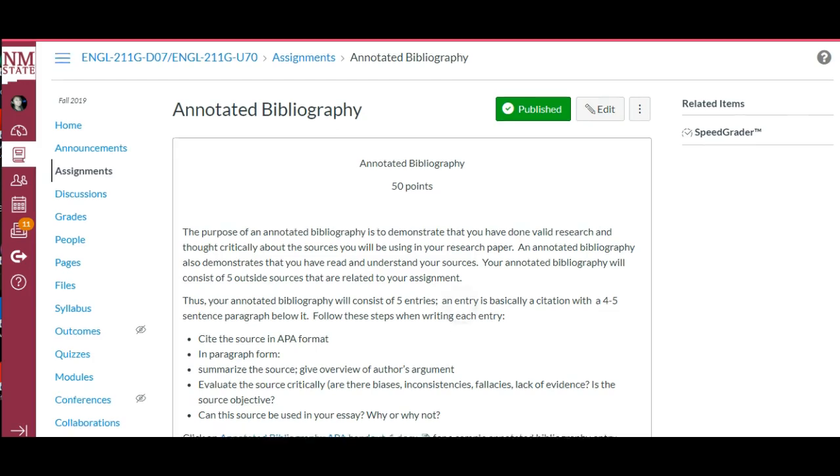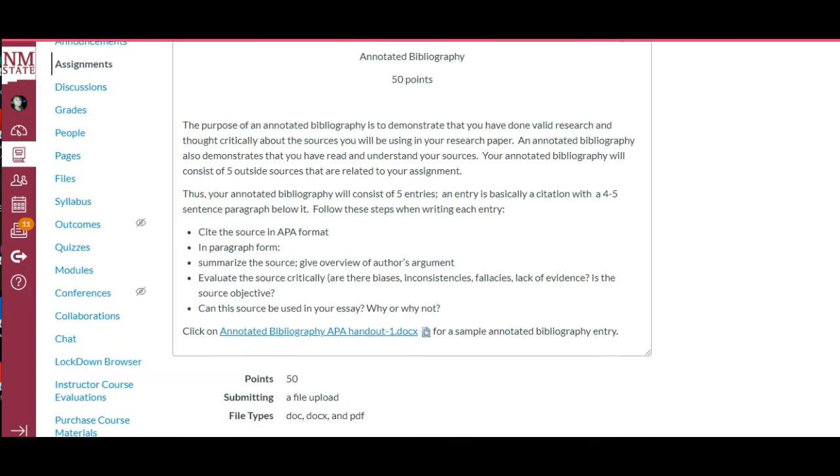So you're going to have 5 sources for your research paper, and those 5 sources are going to be cited in the annotated bibliography, and under each source you should include, in paragraph form, a summary of the source, and you should also evaluate the source. Are there biases, inconsistencies, fallacies, lack of evidence? And the last thing you should do is answer, are you going to use this source in your essay? Why or why not?